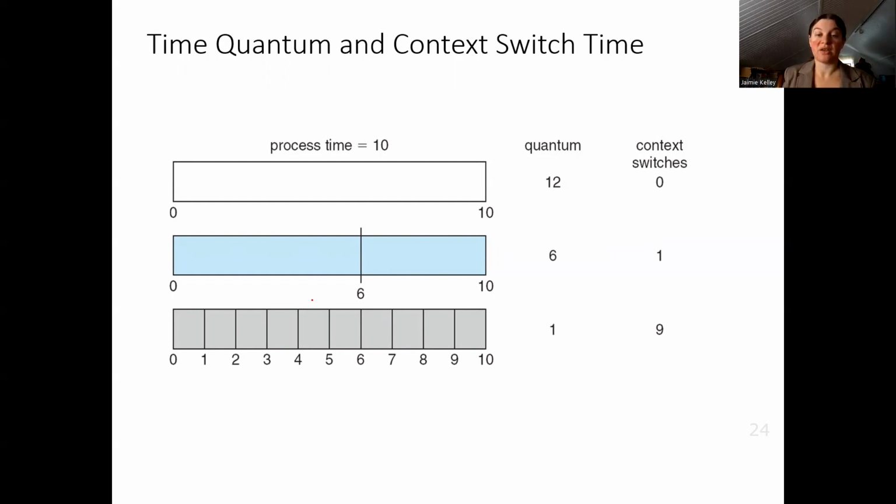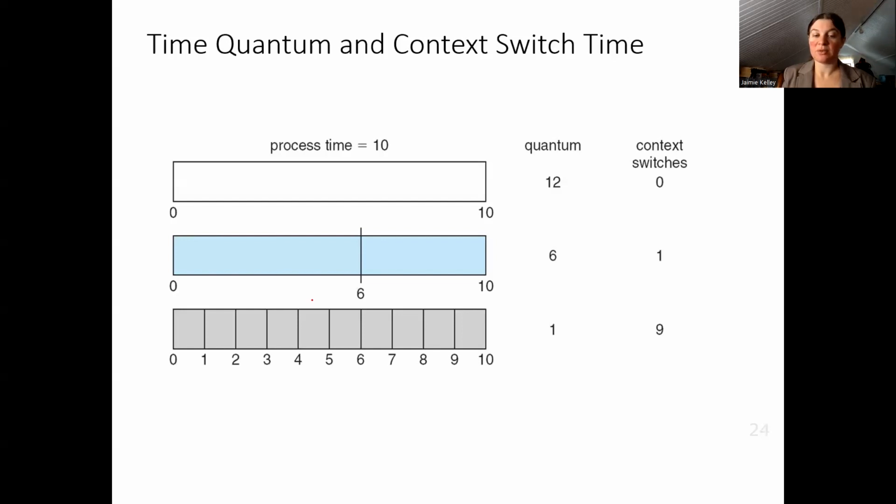If we have one context switch with a time quantum of 6, we can get 2 processes to run during that 10 millisecond time. But if we're switching every millisecond, which is what a time quantum of 1 would mean, then we are performing approximately 9 context switches within that 10 millisecond frame. And suddenly we have high overhead and it matters.